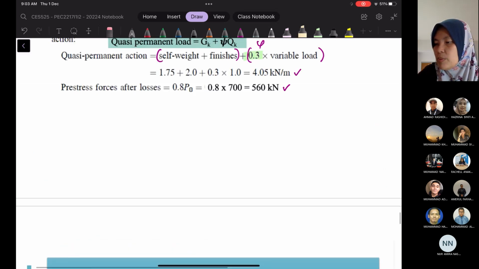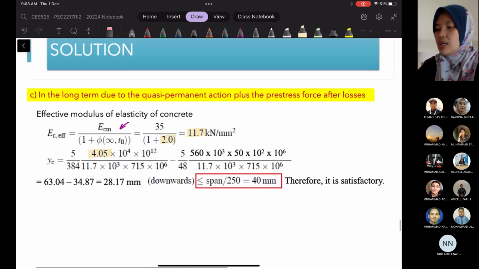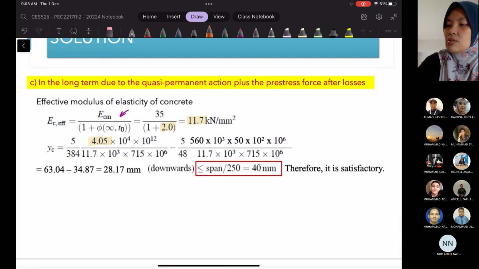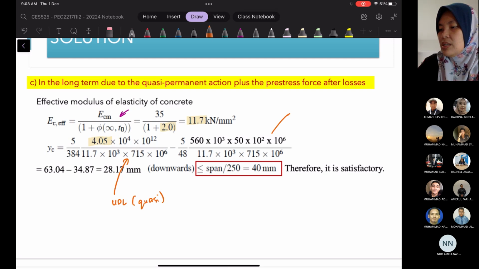Where does the 4.05 come from? It is from this value. We already calculated the quasi-permanent action, so this is the 4.05 that we put into the calculation. This is due to the UDL, which is the quasi-permanent action. Then the next one is due to PE.